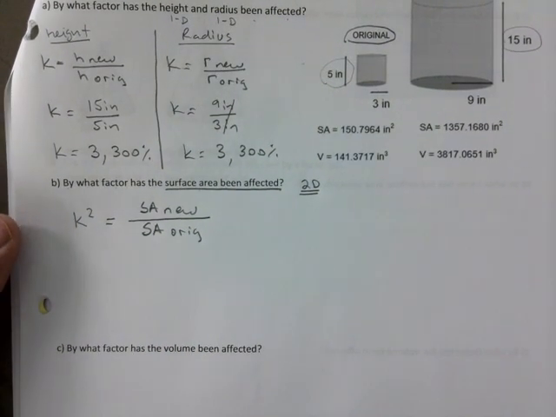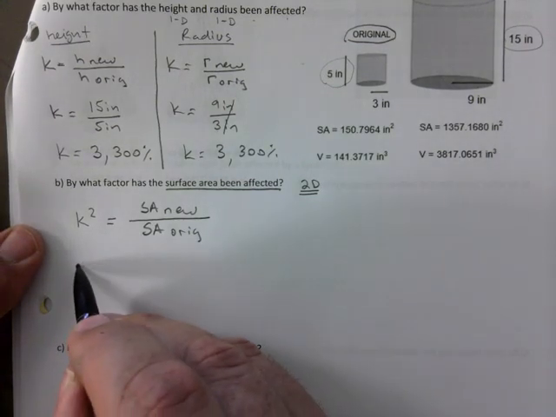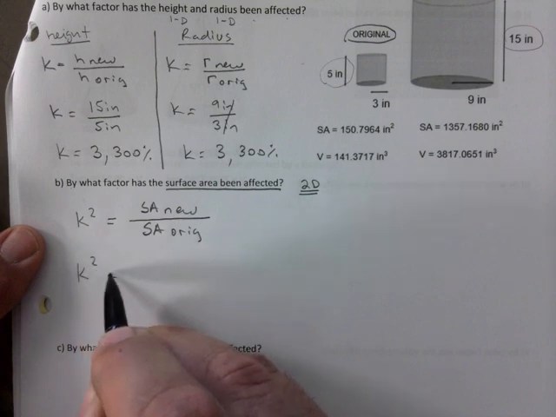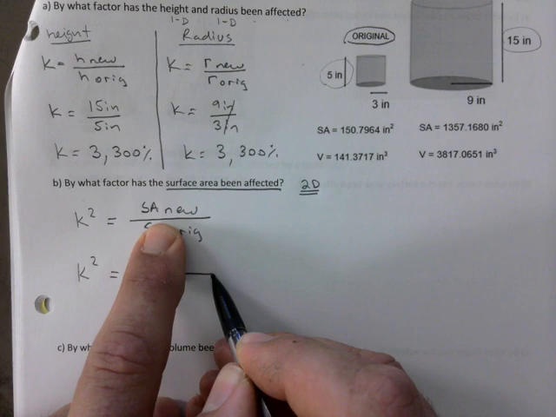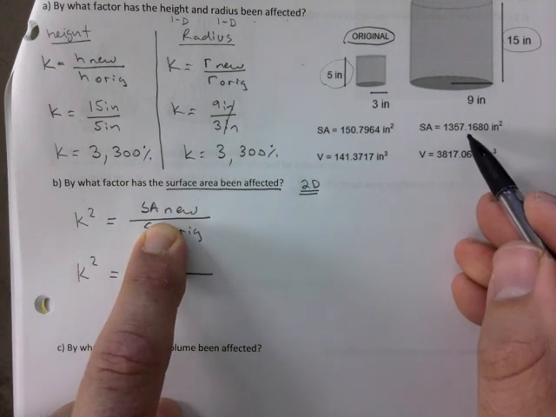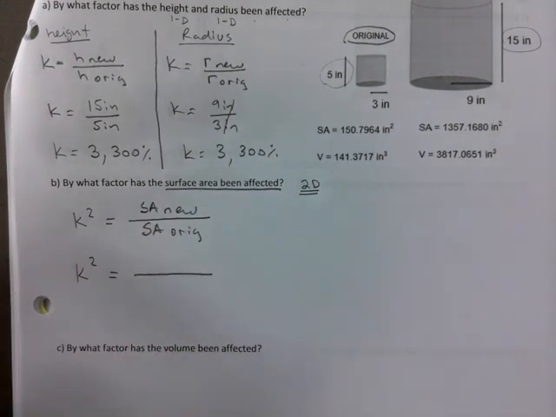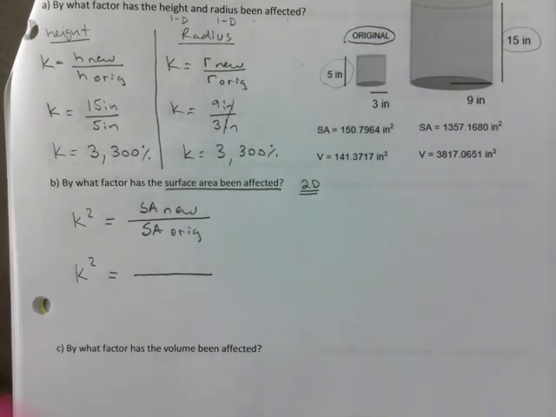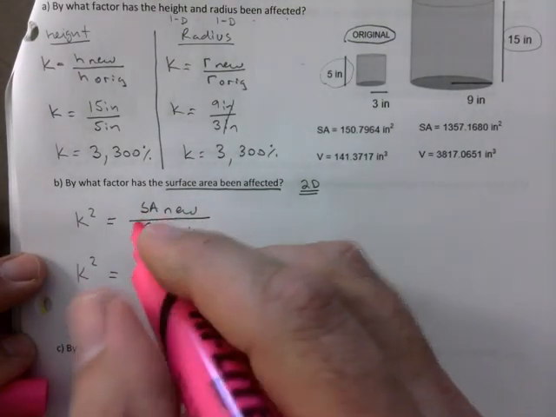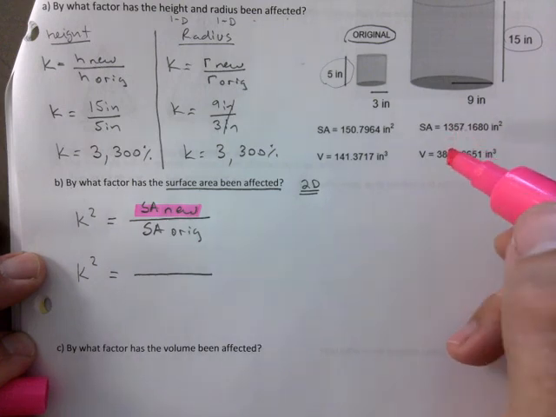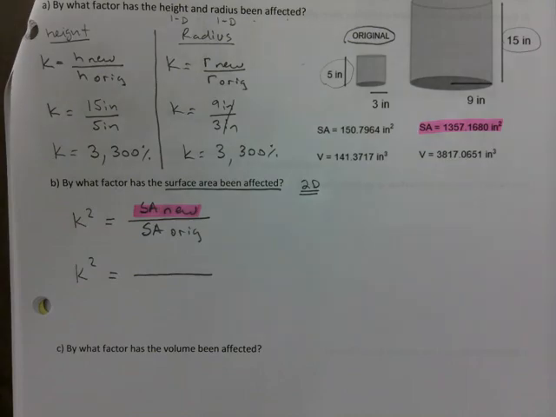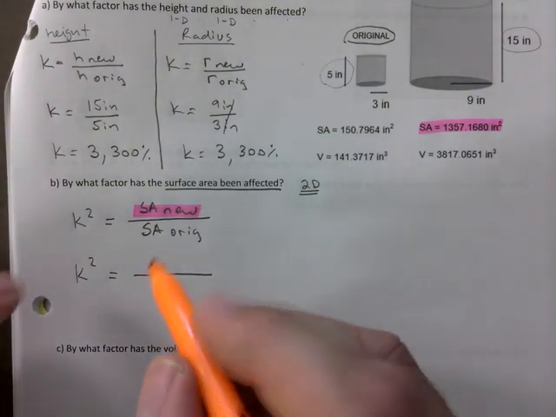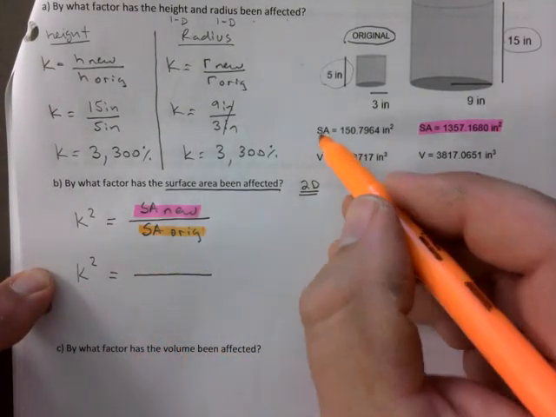Everything is given here, you just have to plug in. So we're going to go k squared is equal to, make sure you write this down, the surface area of the new shape is given to you, watch right here. Should I highlight that? And the surface area of the original is right there.